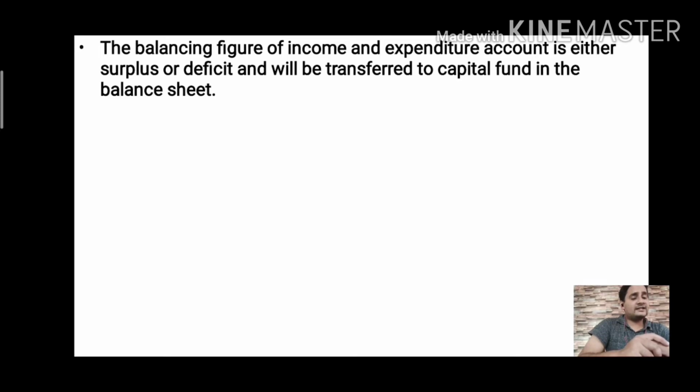If the income side is more than expenditure, then it will be considered as surplus, and if the expenditure is more than income, that will be considered as deficit. The surplus or deficit amount will be transferred to capital fund in the balance sheet.